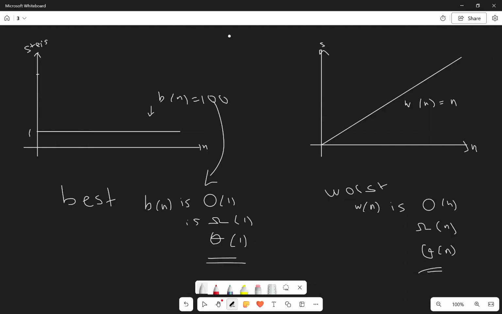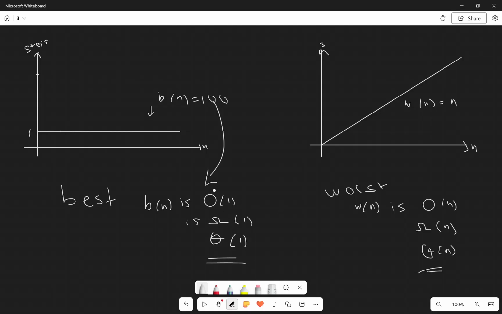That's actually not true. Best case and worst case are used to analyze the algorithm. We create functions for each case, and to analyze each case we can use any of those three notations. So big O gives the upper boundary, big omega gives the lower boundary, and theta gives the growth rate.